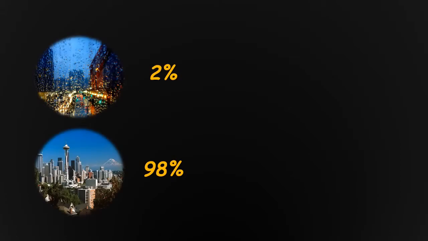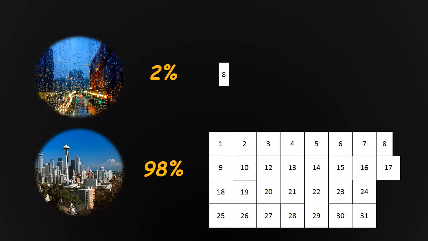Imagine a location that's much more arid, say a desert, where the historical probability of rain is very, very low. Let's use 2%. If we translate this into July calendar days, we see that the vast majority of days we will get shine. So now let's add the forecast.